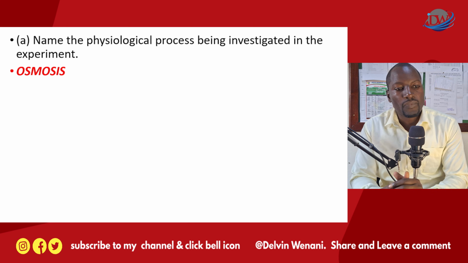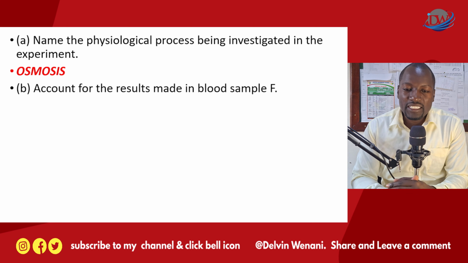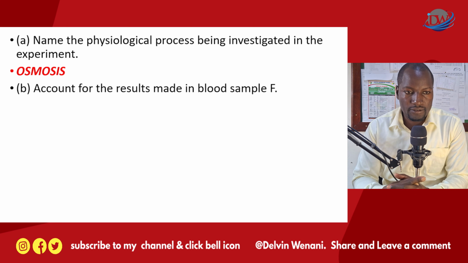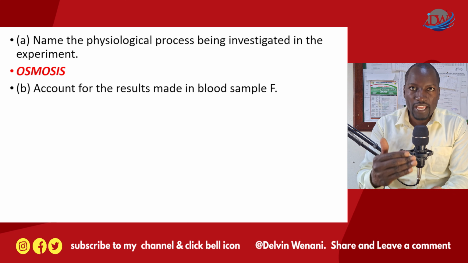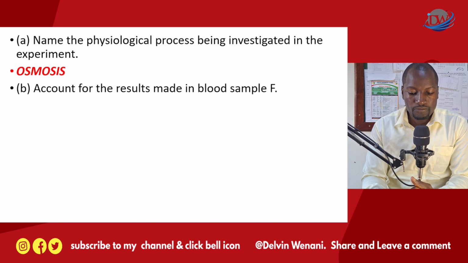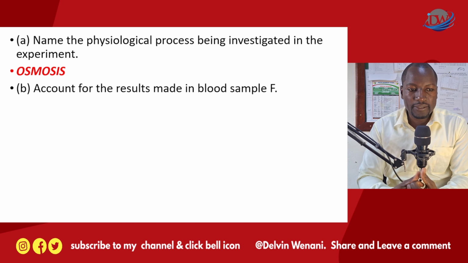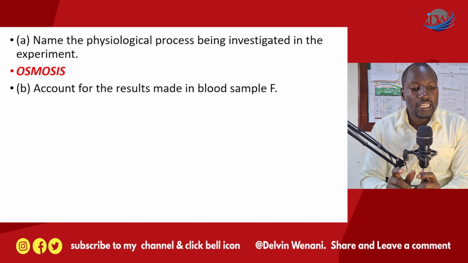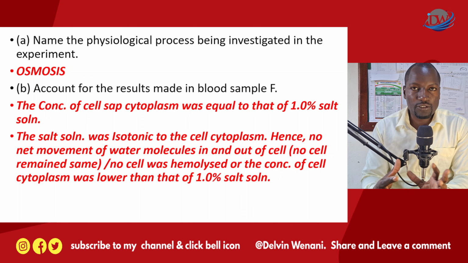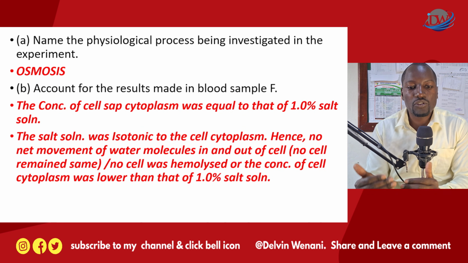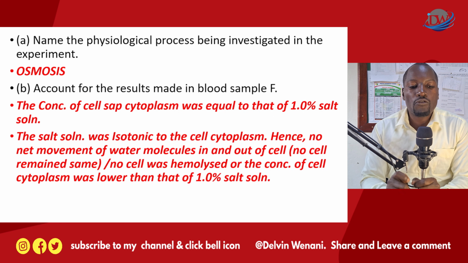Then account for the results in blood sample F. Accounting means we have to look at the results of sample F. The solution was isotonic to the cell cytoplasm. When I say it was isotonic, I mean it has the same concentration, and hence there was no movement of water.